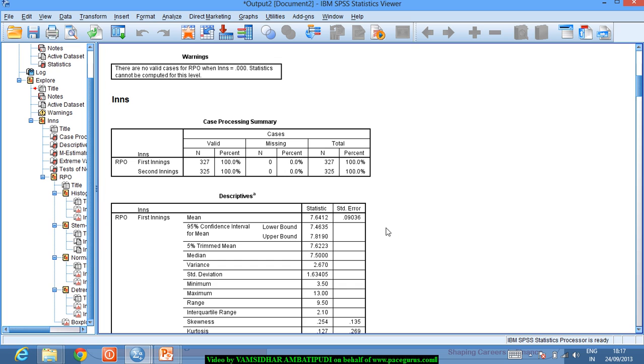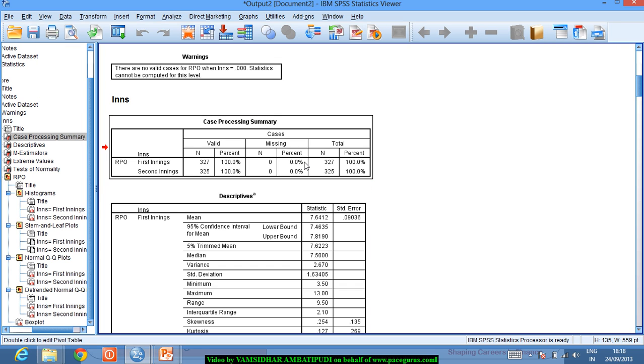First thing it generates is a simple case processing summary. So it is saying there are 327 records containing the first innings and 325 records containing the second innings which are valid. There are no records where the data is missing, no issues.